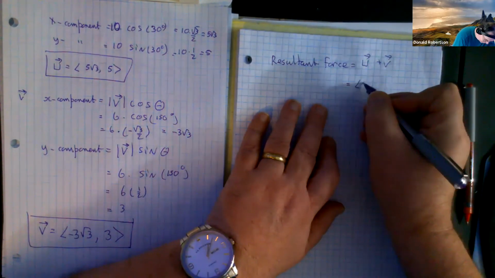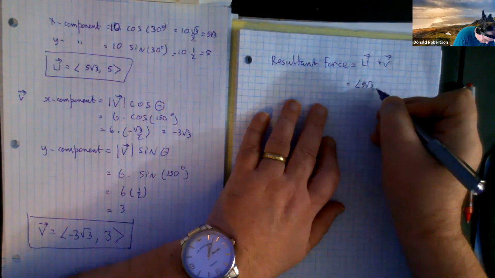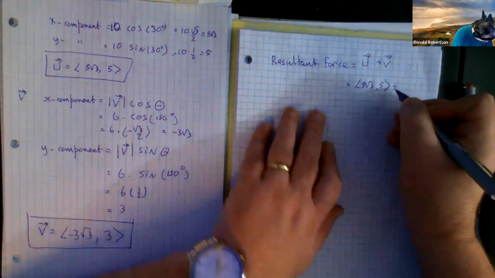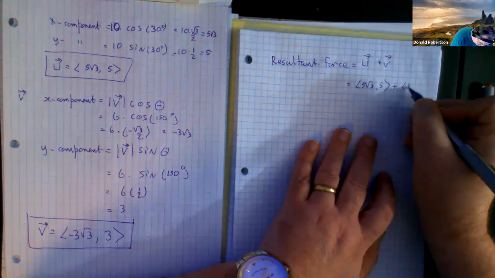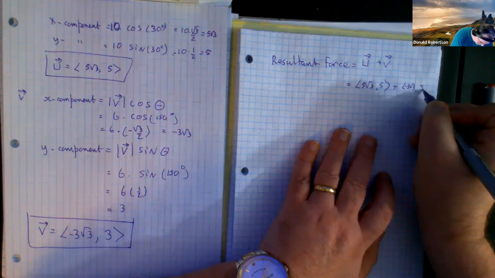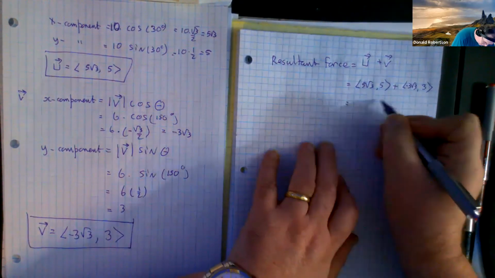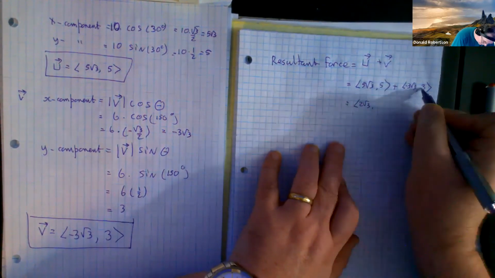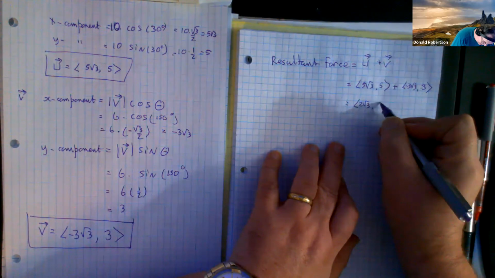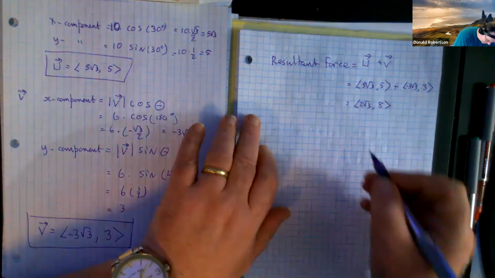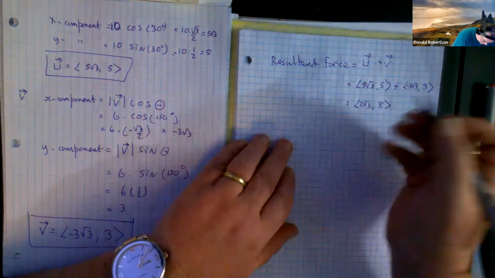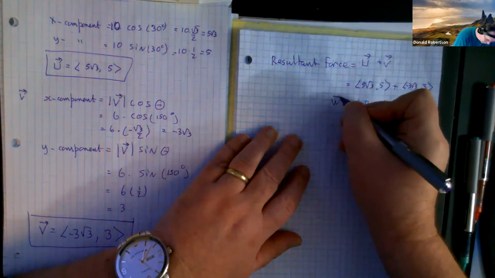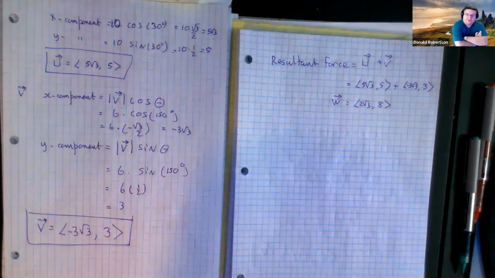So in this case, it's going to be (5√3, 5) added to (-3√3, 3). And that leaves me with 2√3, and that gives me 8. And that's the resultant force, which I'm going to call W because I don't want to have to keep writing resultant force all the time.